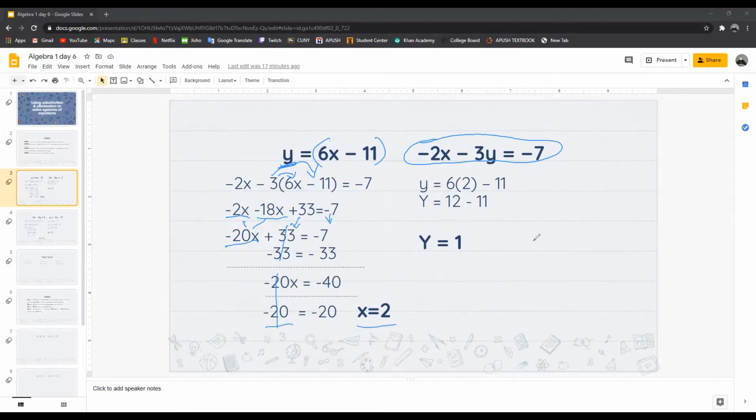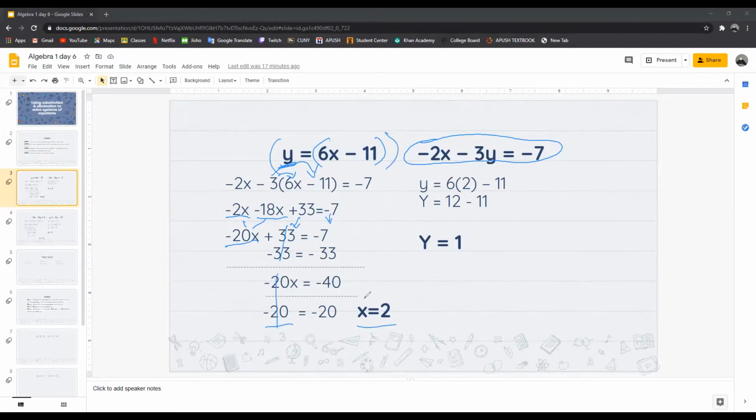Now to get your y variable, it's a lot simpler. You can choose whichever of these two equations you want. Ultimately, you should go for the simpler one because it's faster. So in this case, between our two equations, y equals 6x take away 11 is the simplest.